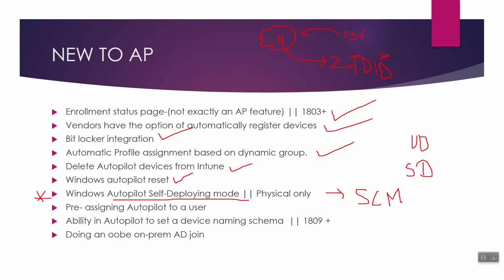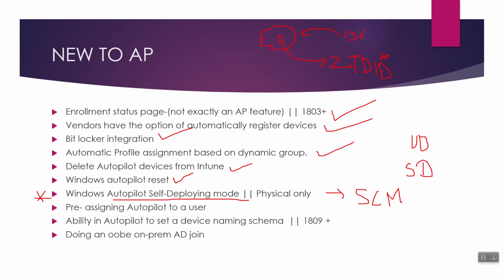We can only do this on a physical machine, not on a virtual machine, because the Azure AD authentication happens using a TPM 2.0 chip, and in my virtual machine obviously I don't have one. So one of the prerequisites is that Autopilot self-deploying mode needs to be on a physical machine, so we cannot test that out, but I'll be showing you all the options from the portal itself.